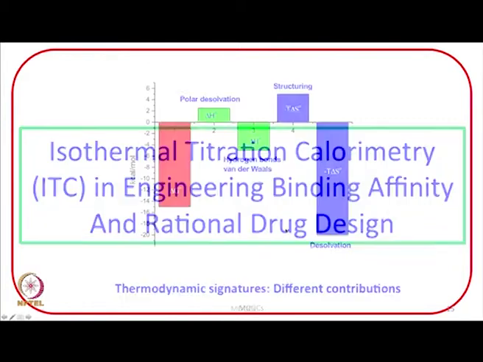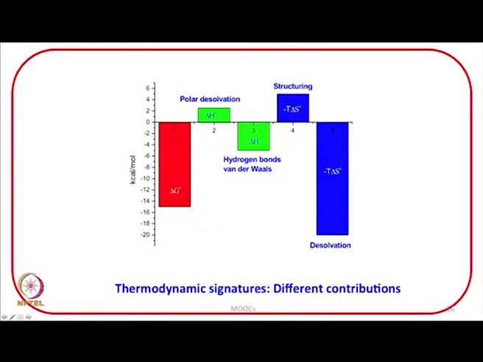The thermodynamic signatures help us in identifying the various causes which help in deciding how to engineer binding affinity in a given molecule, in a given potential drug. Because delta G has to be negative when we want to achieve an affinity.